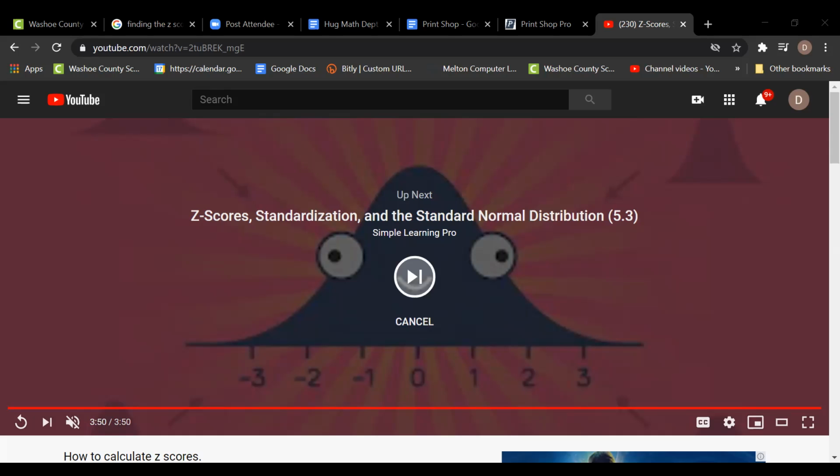But if I look at the table, so let's take a look at that. A 3.3 is going to give you 99.95%.